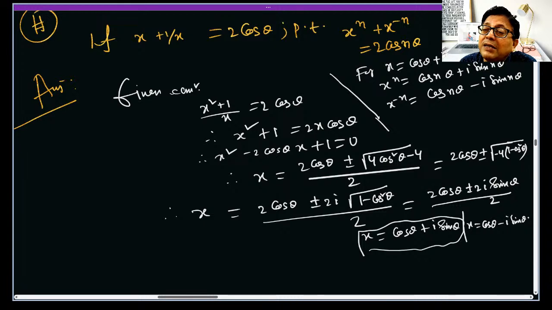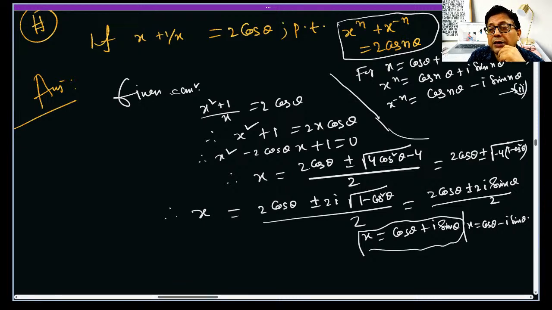Because n will be replaced by minus n, cos of minus n theta is plus cos n theta, sin of minus n theta is minus sin n theta. So to prove this thing, you just add these two. Number 1 and this is number 2. Just by adding these two.